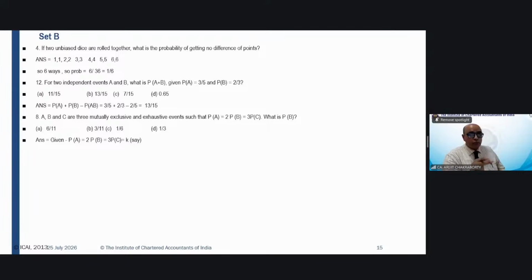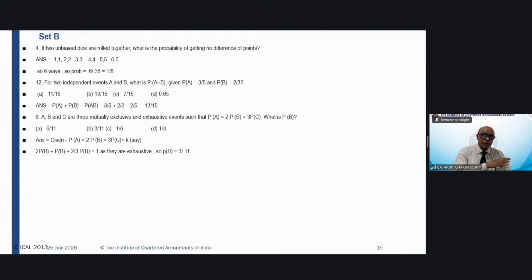Probability of A equal to twice the probability of B equal to 3 times the probability of C. Let us equate them to K. So we can write that 2 into P(B), because P(A) is 2 into P(B). So 2 into P(B) plus P(B) plus 2/3 of P(B) is 1 because they are exhaustive. So from here you can see P(B), probability of B, comes to 3 by 11.